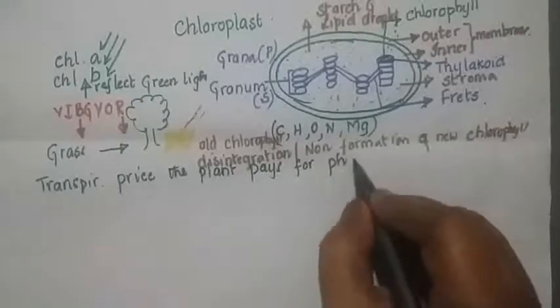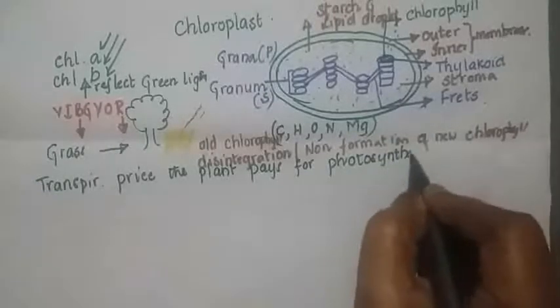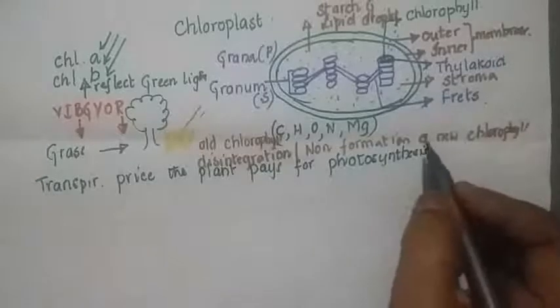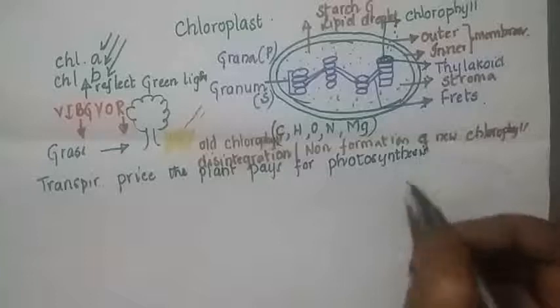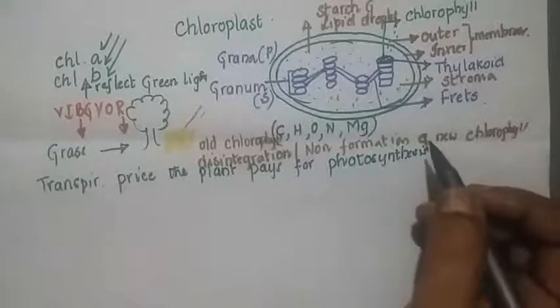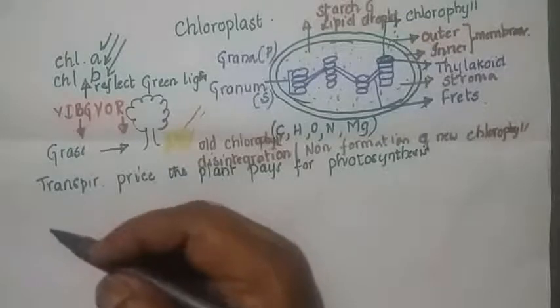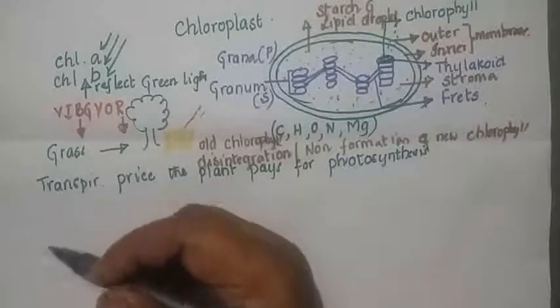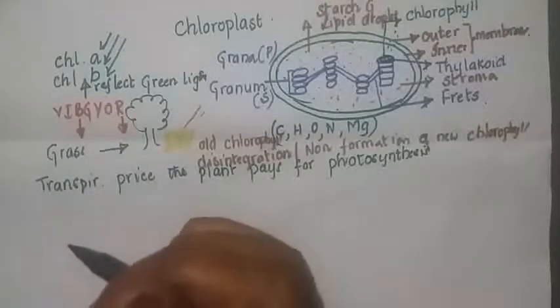It means we know that photosynthesis is one of the useful processes. Of course, it synthesizes glucose and liberates oxygen. Along with that, transpiration also to some extent helps the plant for cooling their body, conduction of water, that we have discussed in the earlier classes.